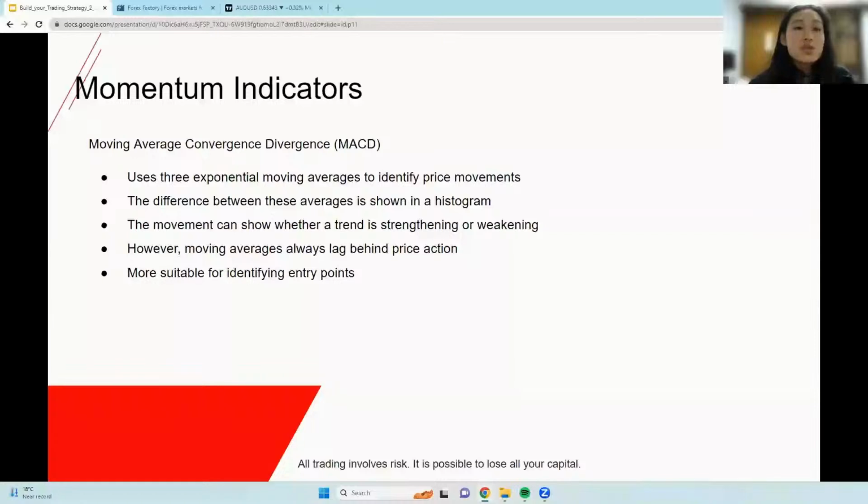This uses three exponential moving averages to identify price movements. The difference between these averages is shown in a histogram. I'll show you guys in a little bit. The movement can show whether a trend is strengthening or weakening. However, moving averages always lag behind price action, and they are more suitable for identifying entry points.